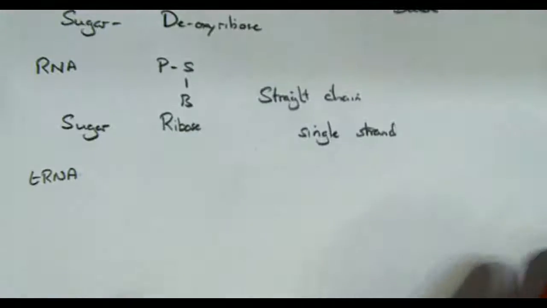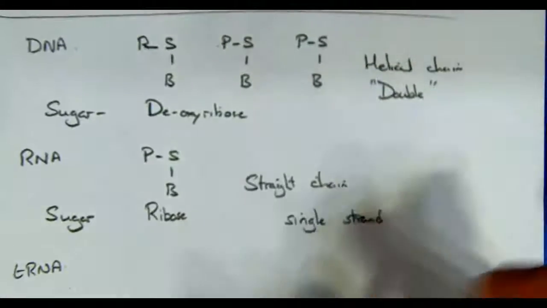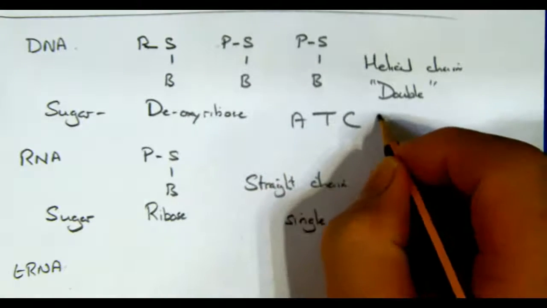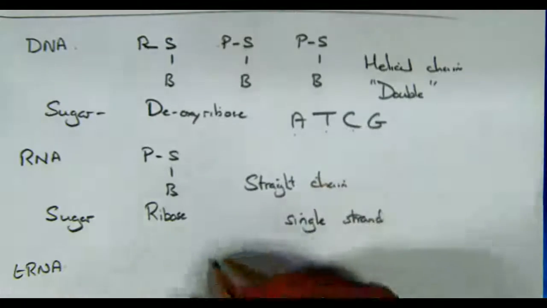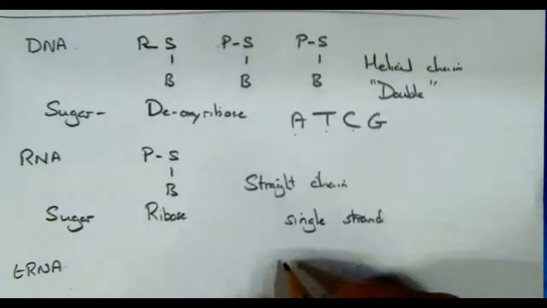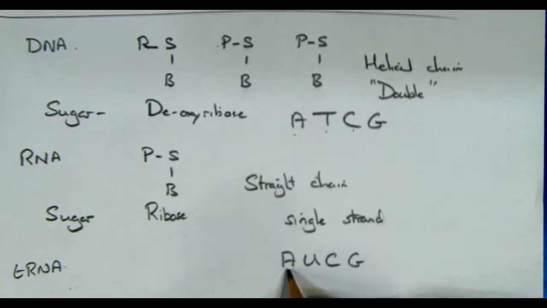Now, if we look at our DNA, we've got the bases of A, T, C and G, adenine, thymine, cytosine and guanine, and in the RNA we've got A, U, C and G, adenine, uracil, cytosine and guanine.